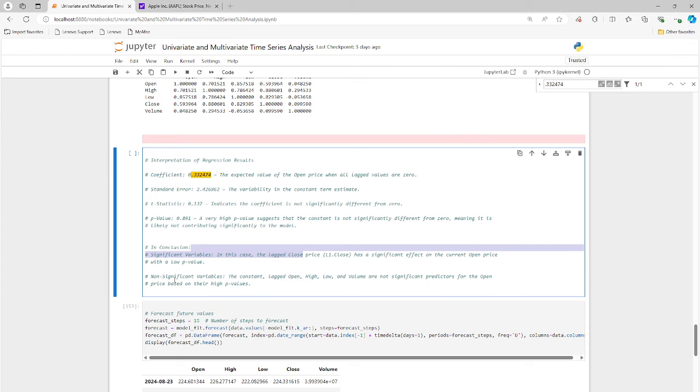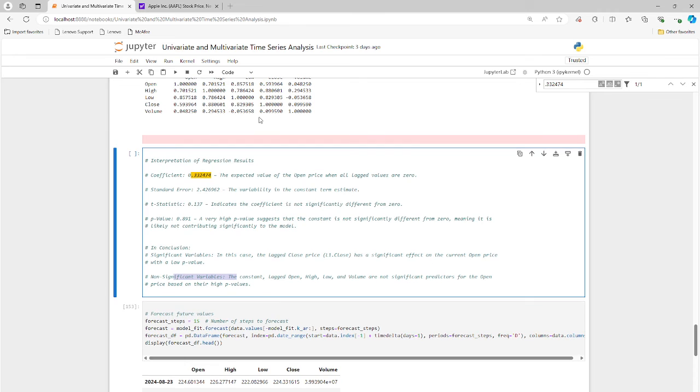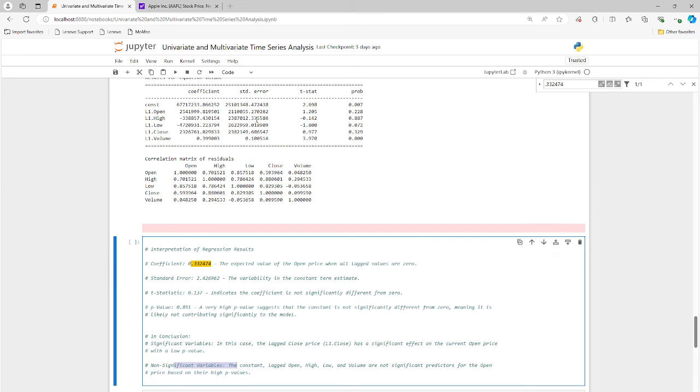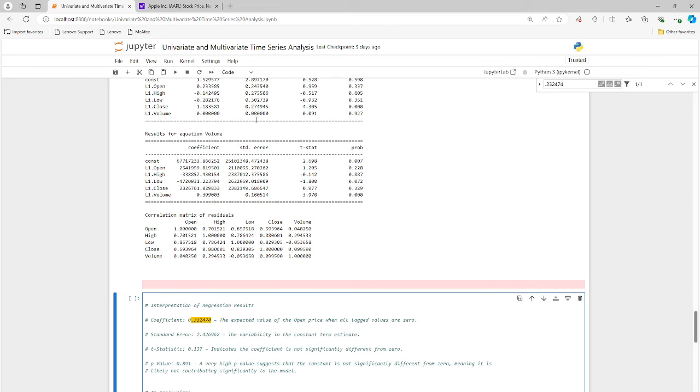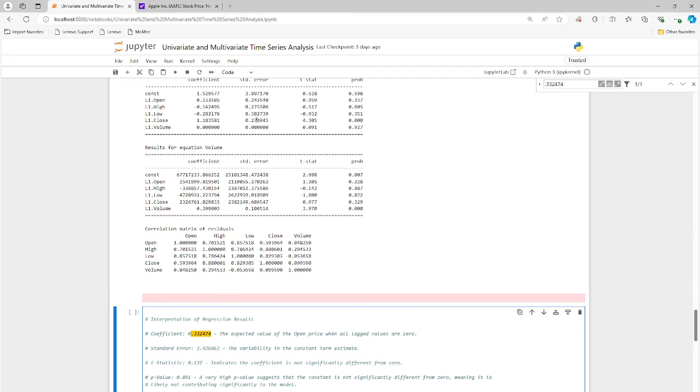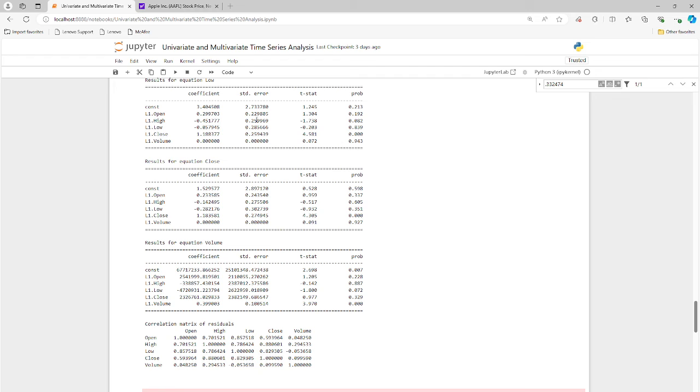And non-significant variables, we're looking at constants, lag, open, high, low, volume are not significant predictors based on the p-value, right? So we're looking for a low p-value, less than 0.05, or a high t-statistic greater than 1.96. We found a couple greater than 1.96, but only a couple, right?